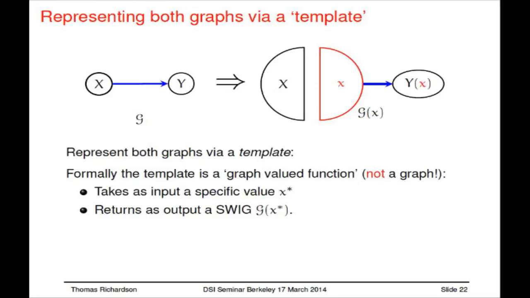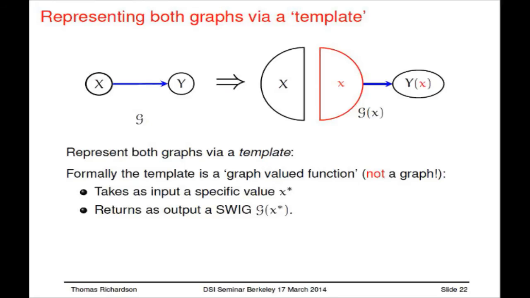This thing over here is not a graph in the usual graphical modeling sense. This is now a graph-valued function, not a graph. The idea is you come to me with your favorite value of x, say x equals 0. I plug it in, and I give you back a graph, and then you're representing the joint over x and y of x equals 0. Or if x equals 1, we get the other graph. Okay?